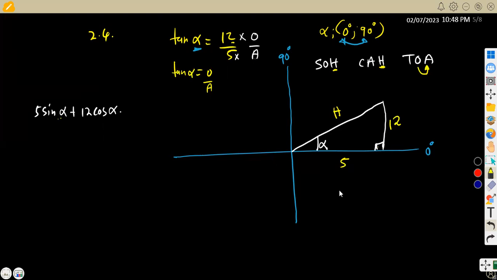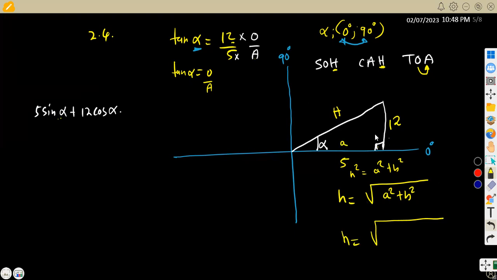From the Pythagoras theorem, h squared is equal to a squared plus b squared, so to find h we introduce the square root. h is the square root of 5 squared plus 12 squared, or 12 squared plus 5 squared, which is one and the same thing. If we simplify, our hypotenuse h is 13.